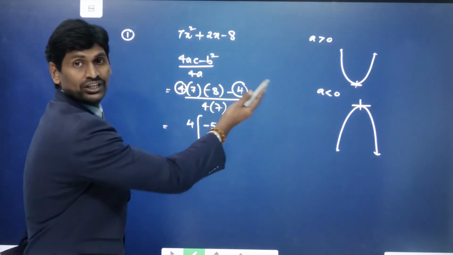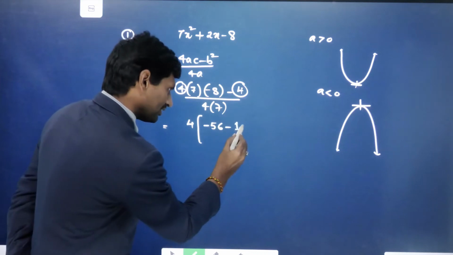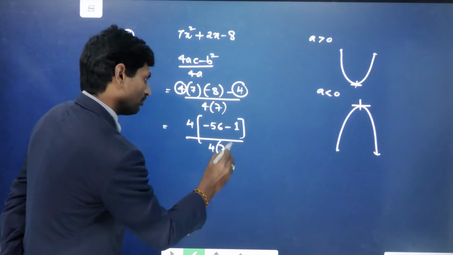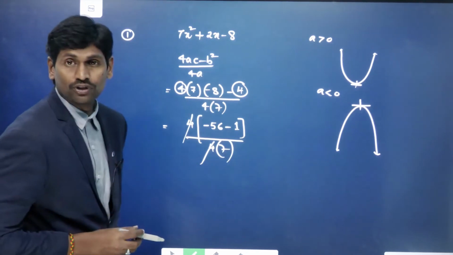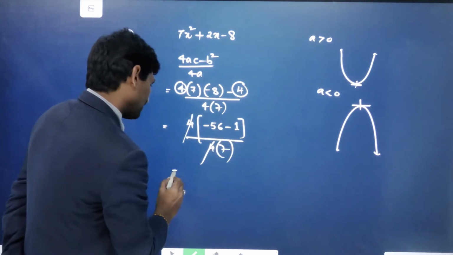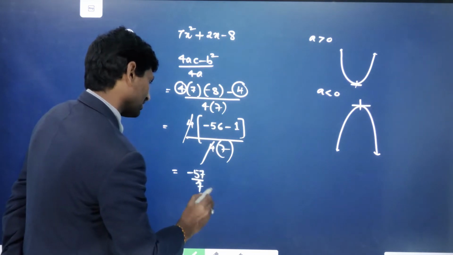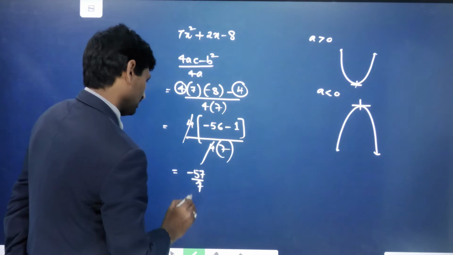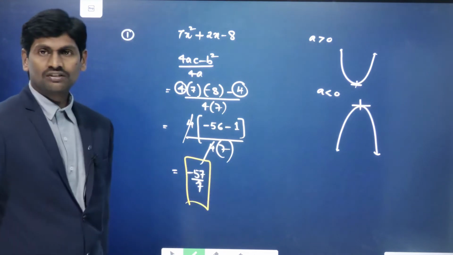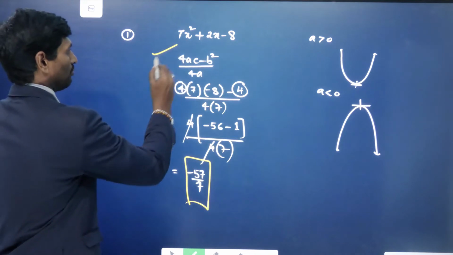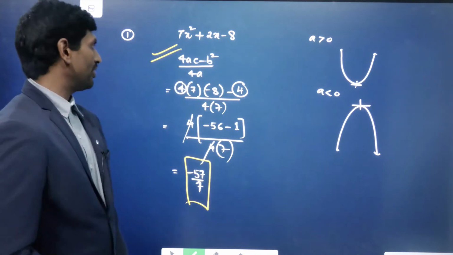Here with the minus symbol, if you take 4 as common, we will get 1. Numerator 4 and denominator 4 cancel. Minus 56 minus 1 is minus 57 by 7. This is our required answer. I am just substituting in this formula 4ac minus b square by 4a.